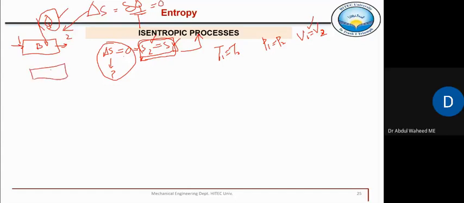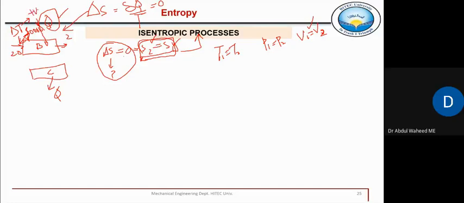Similarly, in the case of a condenser, where heat is lost, again delta S cannot be assumed 0. So for any heat transfer process where delta T is not 0, because here heat transfer is happening, here the low temperature is 20, and here we have a very high temperature, for example 1000. So a huge delta T is available here. Delta T is positive.